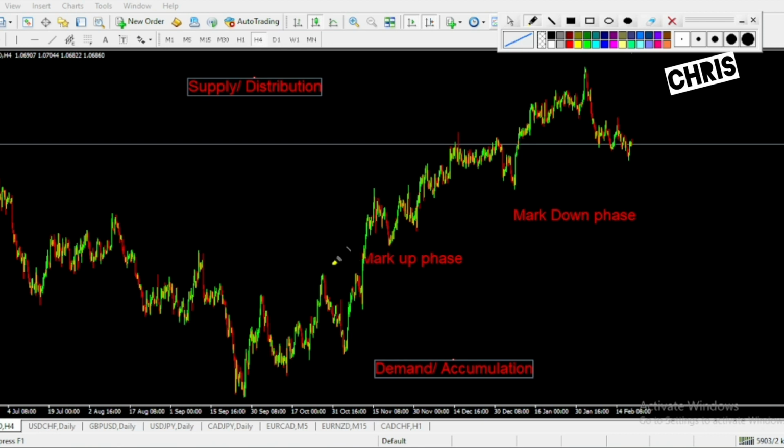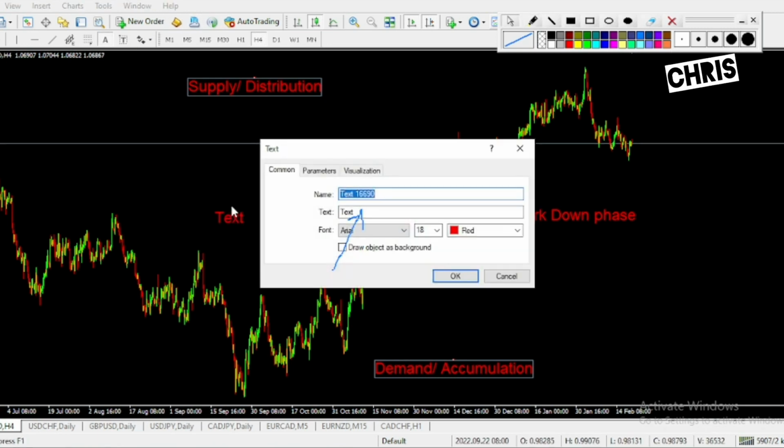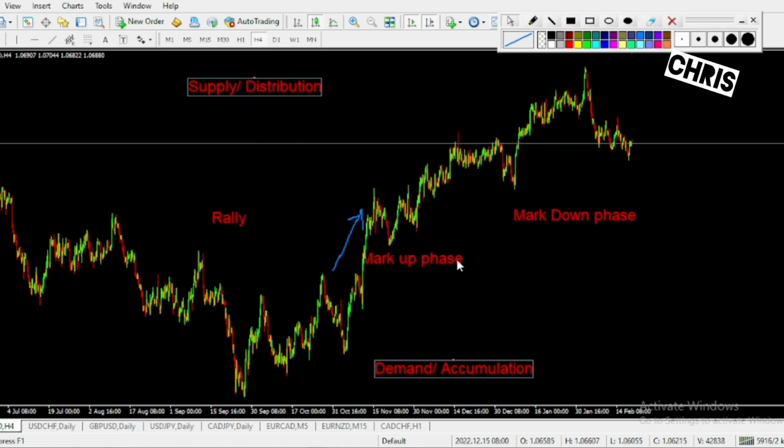This one you'll find being called a rally. I don't know who came up with this name. So this one is called a rally, something of the sort.